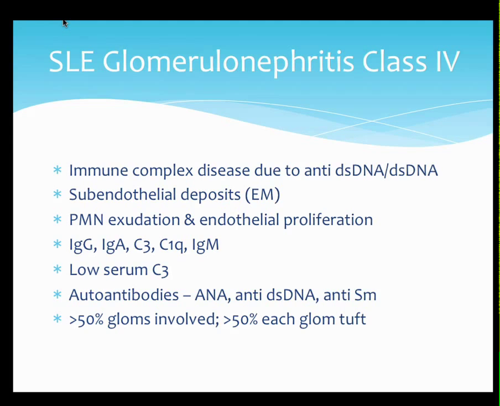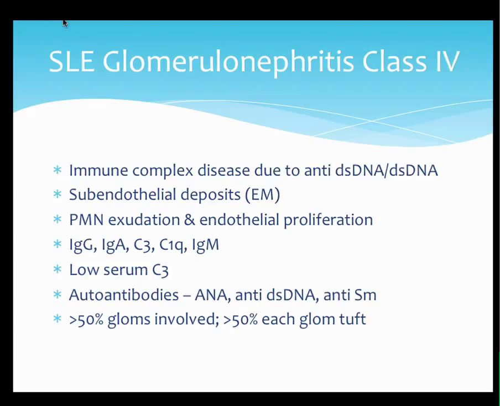The immune complexes consist of IgG, IgA, complement C3, complement C1q, and IgM. This is called a full house type of immunofluorescent pattern.